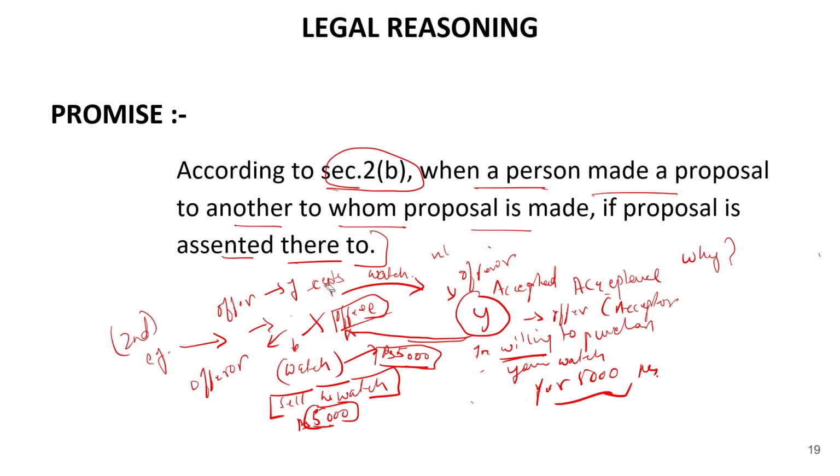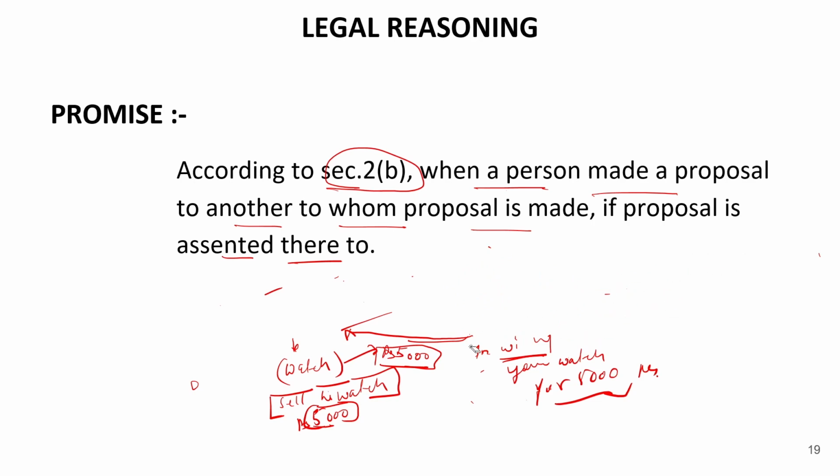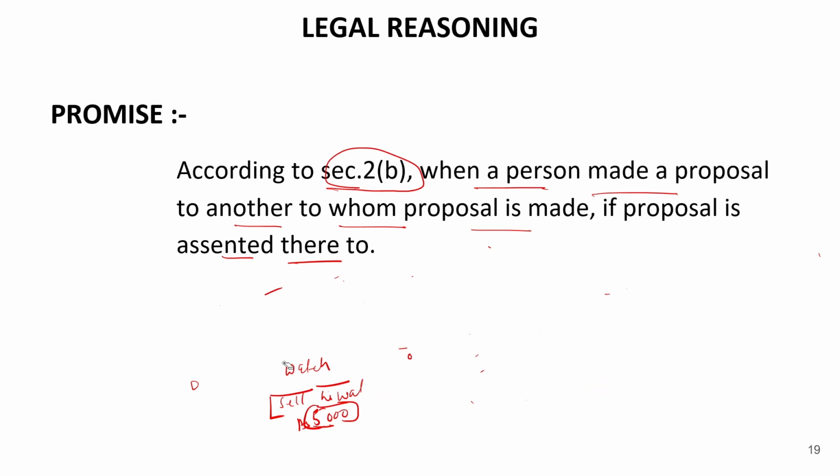And that is why it becomes very important to know how the communication takes place whenever we are talking about contracts. It is very essential to understand what exactly will be considered as communicated.